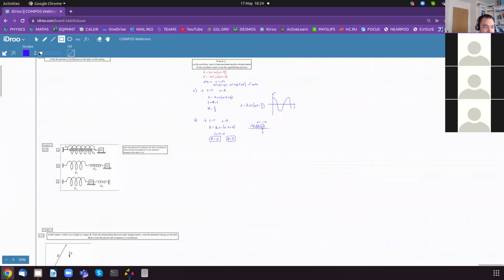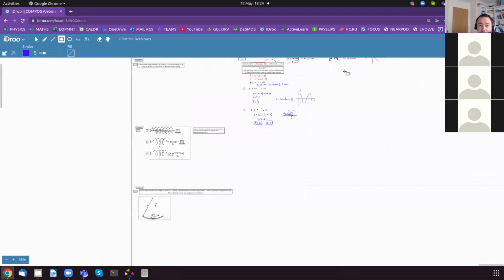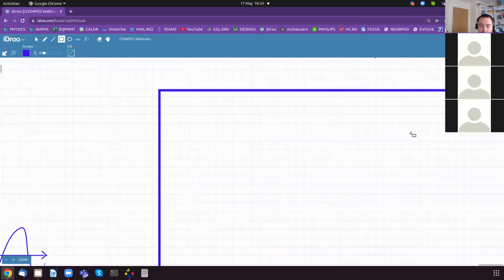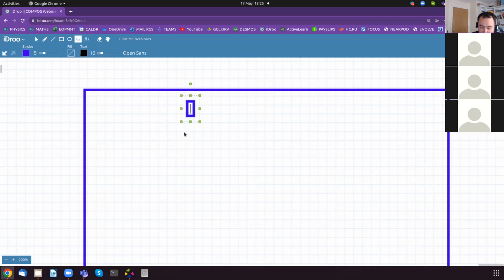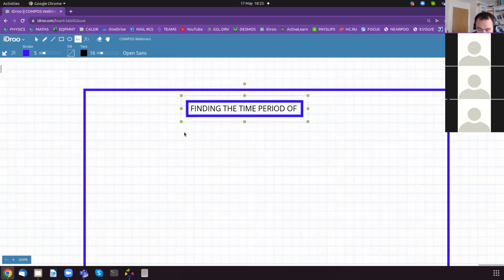I'll put it in a separate box because it's kind of a big deal. Finding the time period, because that's the most common question. Finding the time period of an oscillator.